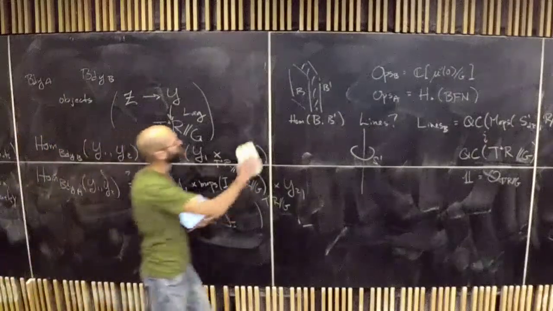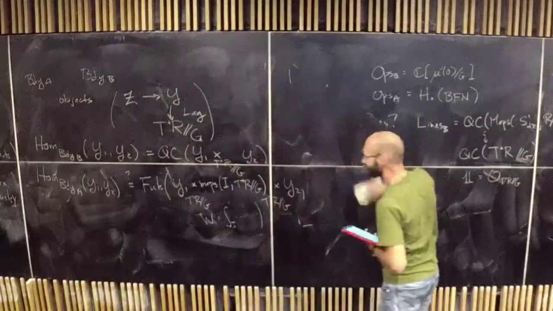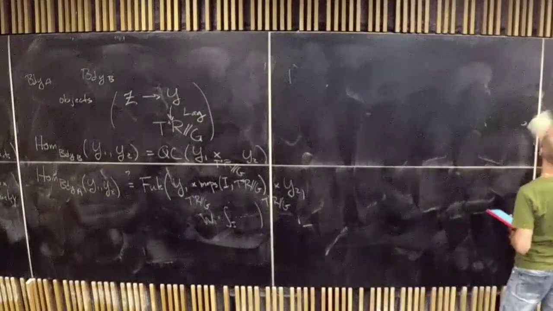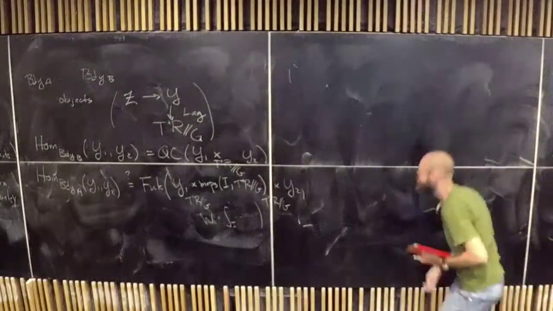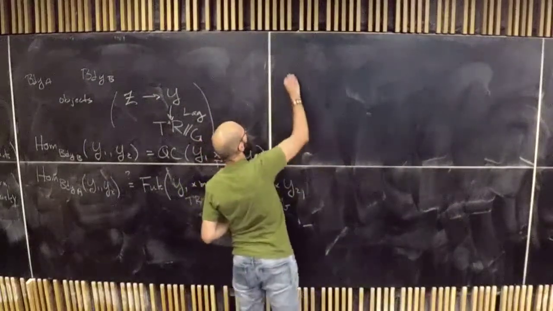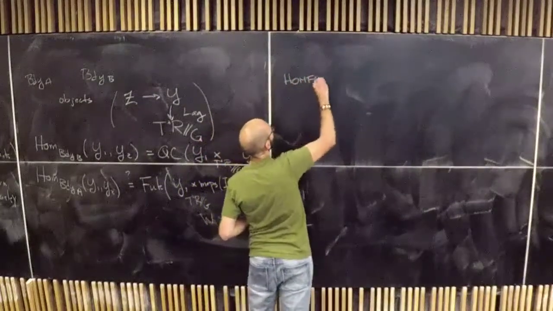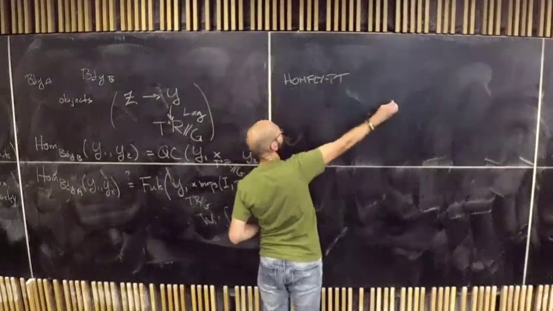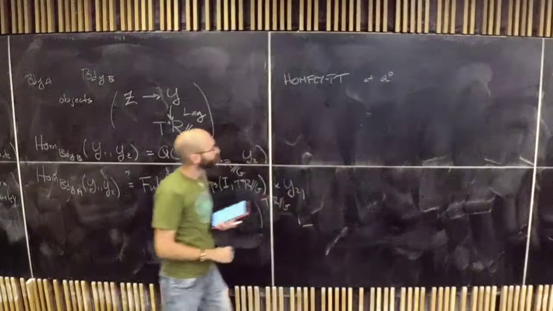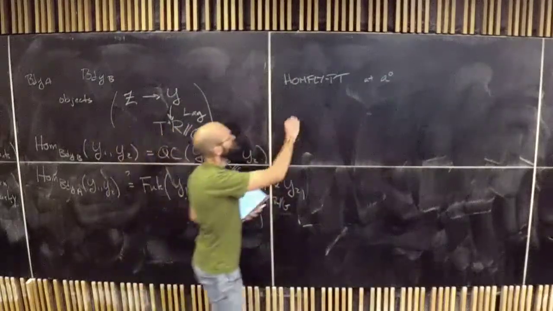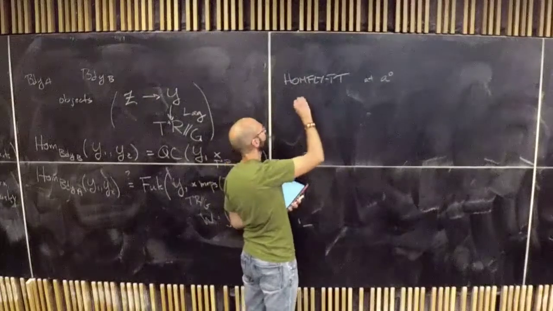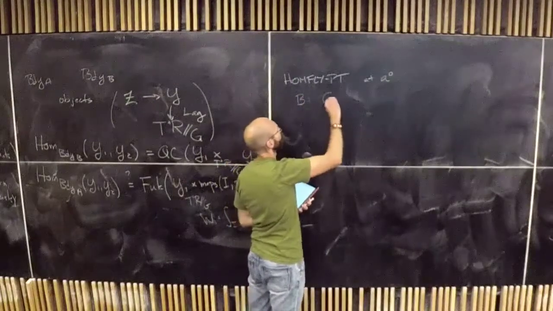Let me just write down what the theories are that are relevant for knot homology. So for HOMFLY homology, and I'll just do the case of the bottom row, so for HOMFLY-PT at degree 0, on the B side, G is GL_N.